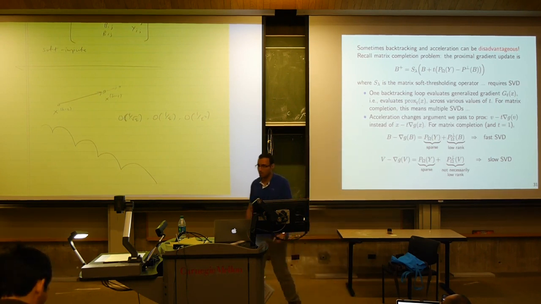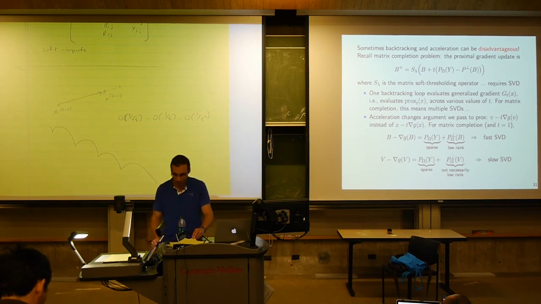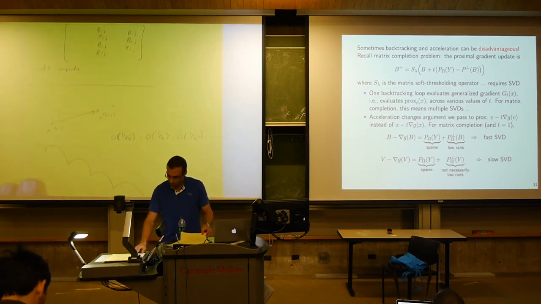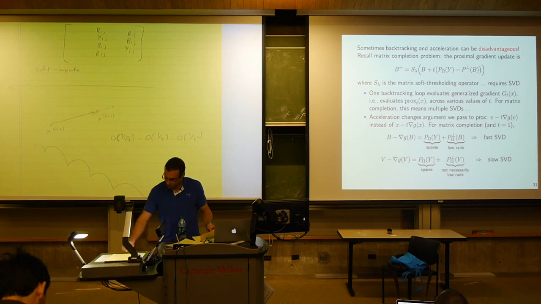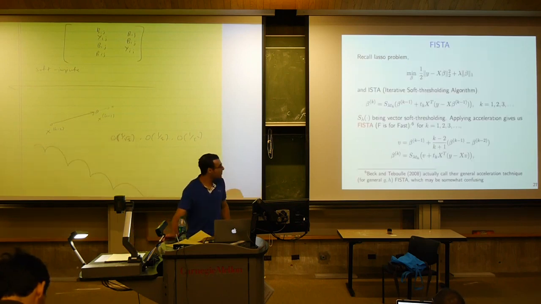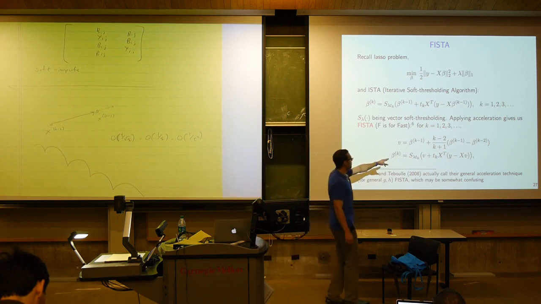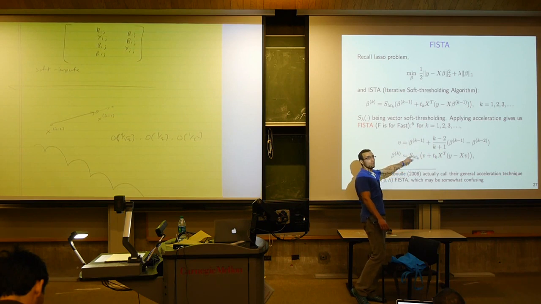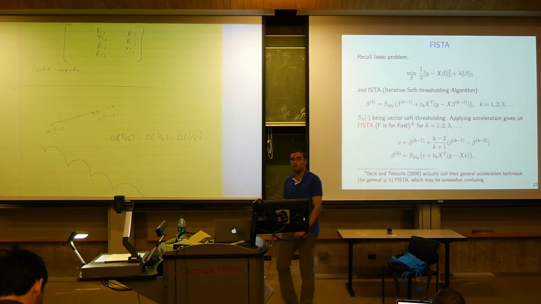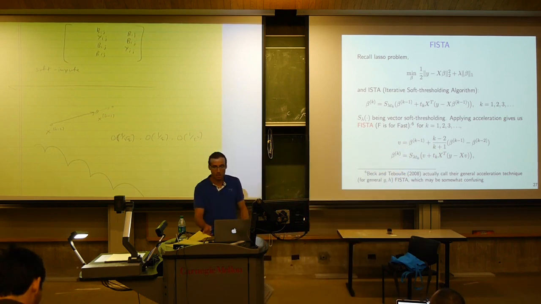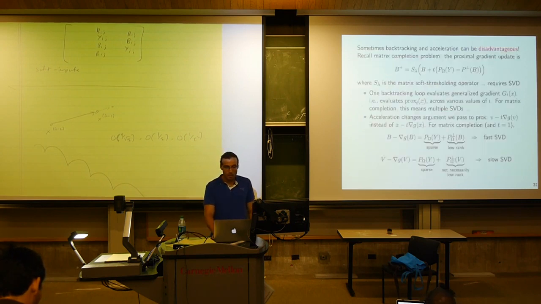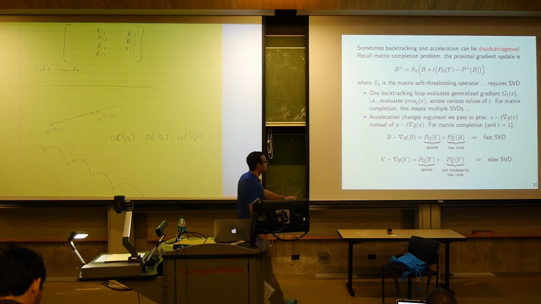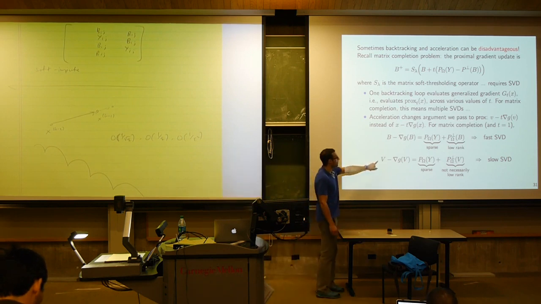So if you apply this step, to replace beta by a matrix B, this thing may not be low rank anymore. We're taking linear combinations of matrices that may not have the low rank structure that we want. So it's not as easy to do the SVD to call the prox operator at the point V.